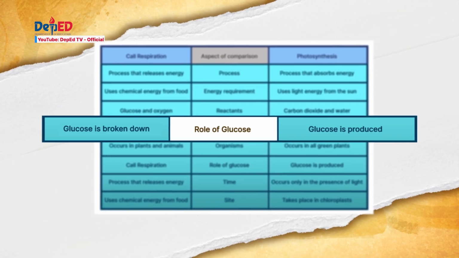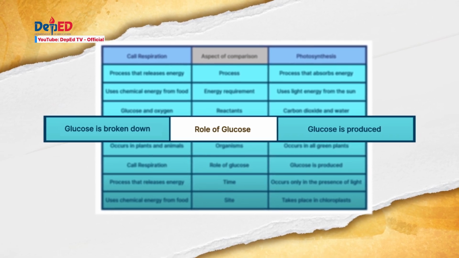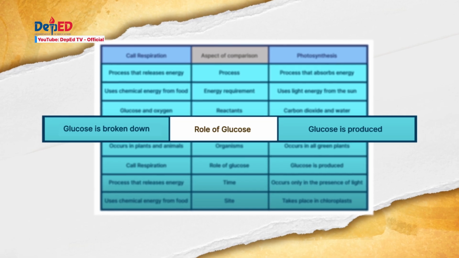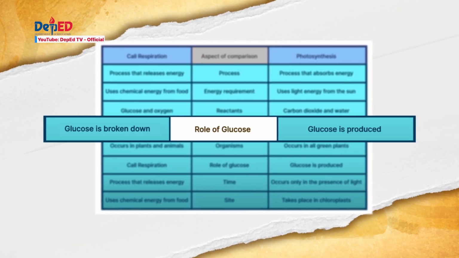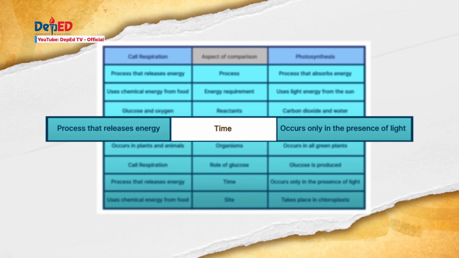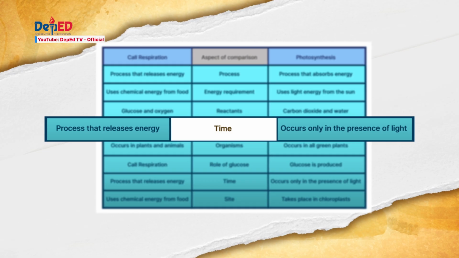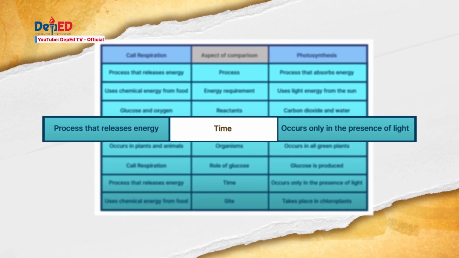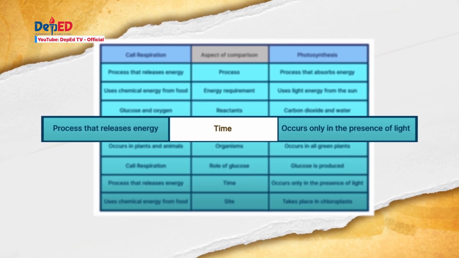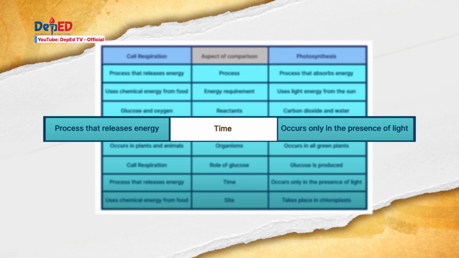In terms of the role of glucose, in cellular respiration, glucose is broken down, while in photosynthesis, glucose is produced. In terms of time, cellular respiration occurs at all times, while photosynthesis happens only in the presence of light.